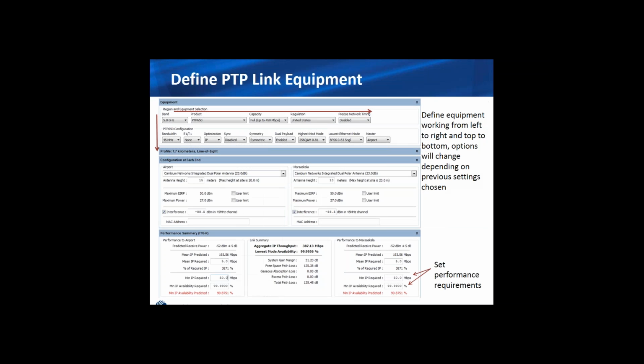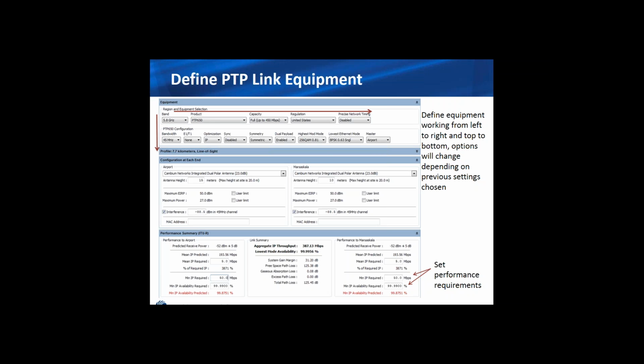So if we move on to defining the PTP link, you select the link from the navigation window or double click on it on the map, and the window will change to give you the definition page here. It's very important we work from top left to bottom right, starting with the frequency band, because the menu options and the options within each of the drop-down boxes will change depending on the options you've chosen previously.